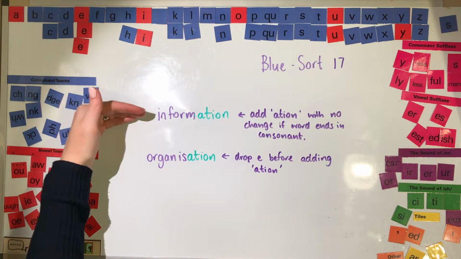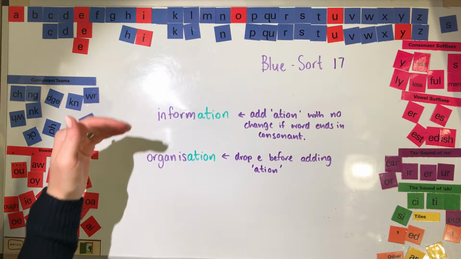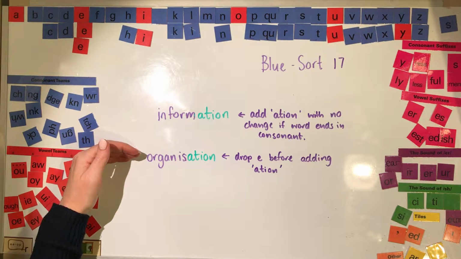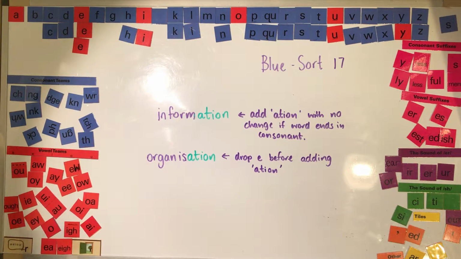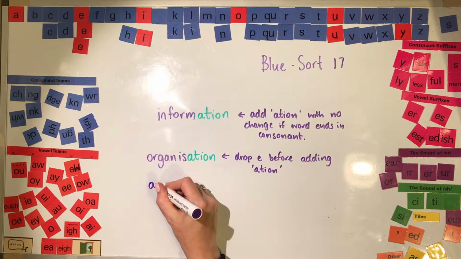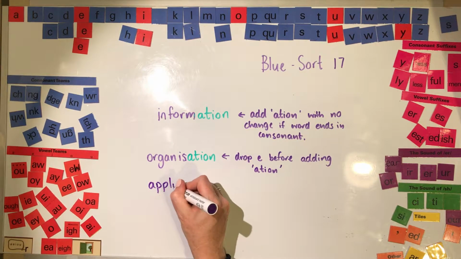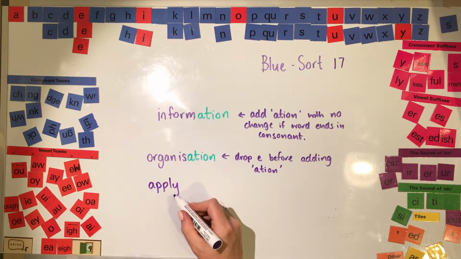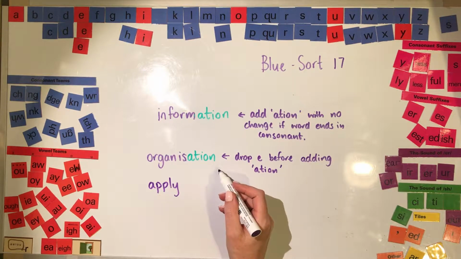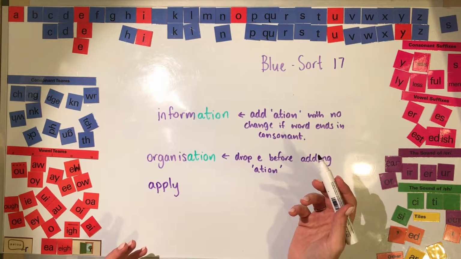So you're going to have 1 column of words where you're doing that to it, 1 column of words where you're having to think about dropping the E. Okay, but we also wanted to talk about adding cation. So let's look at a word like apply. Applytion, application. They're all sounding a bit weird, aren't they?